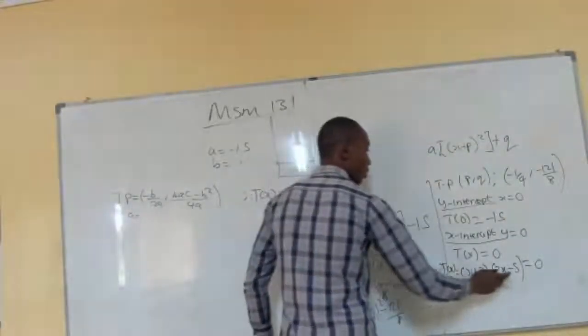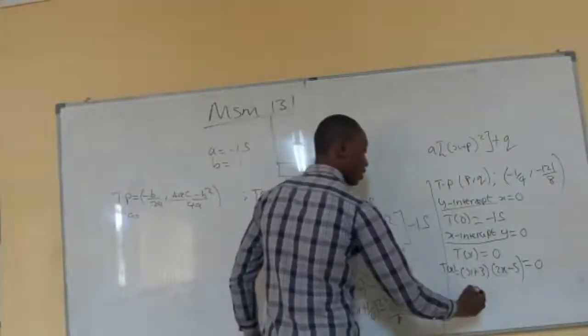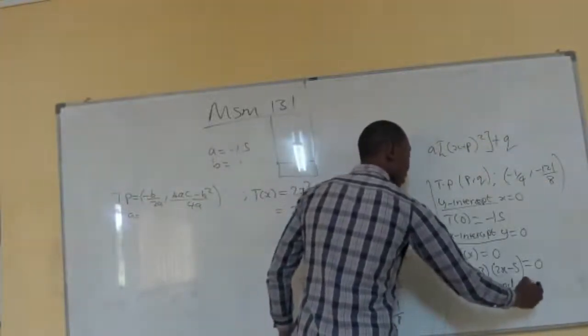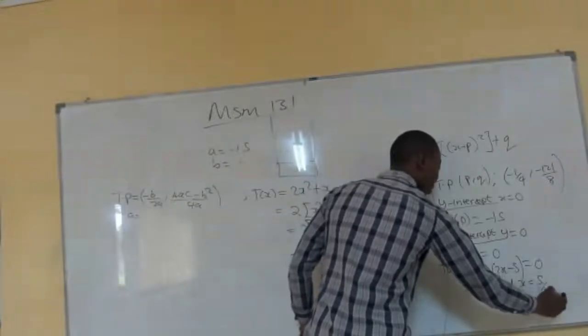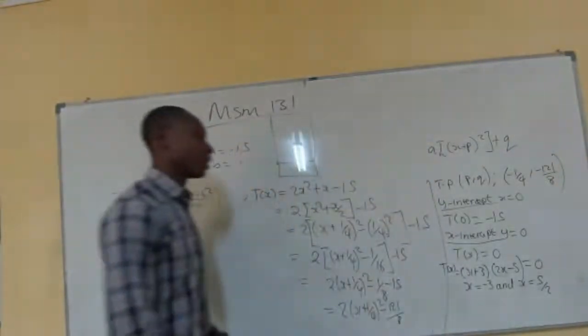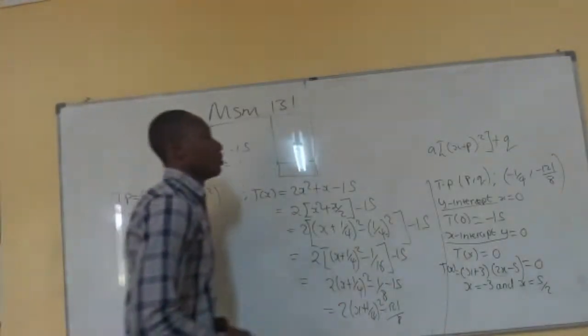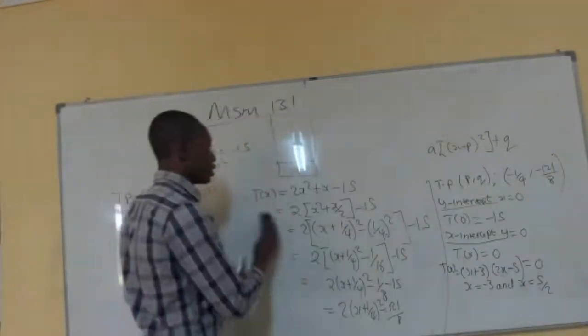If we equate this to 0, we have x equals negative 3 and x equals positive 5 over 2. So those are our two intercepts, and they are the ones that we are going to use. Now, we can sketch.